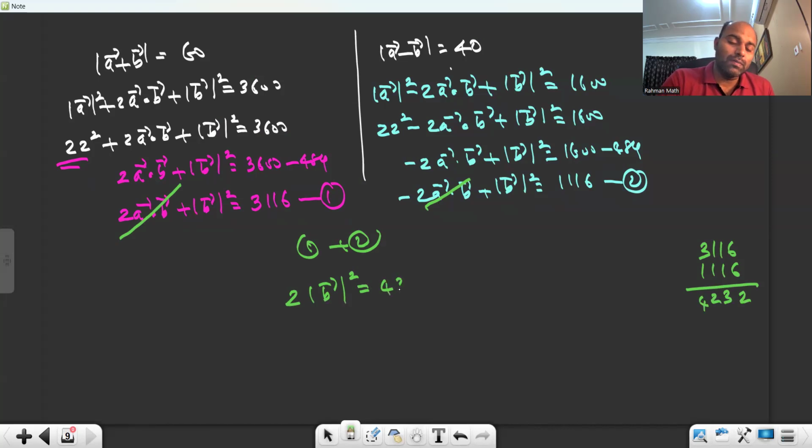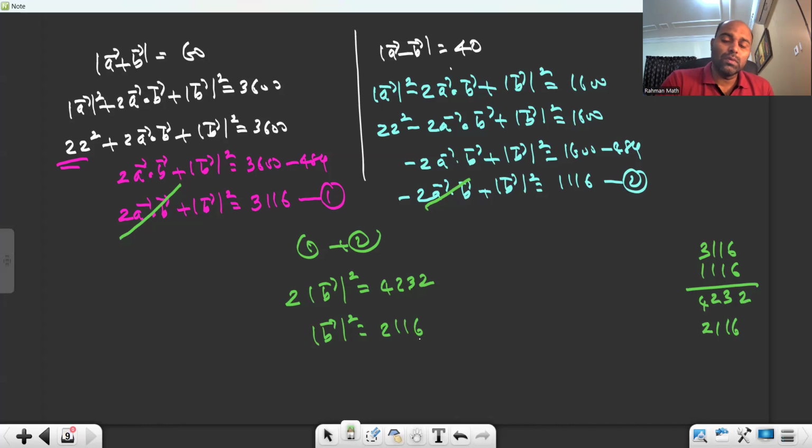I think I'm right. So magnitude B square equals half of this. This half will be how much? 21, 16.